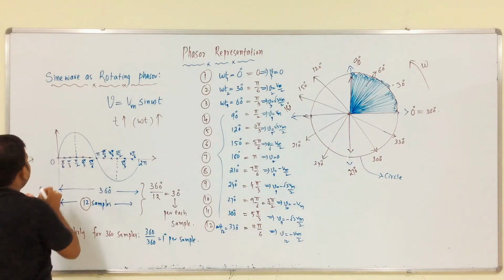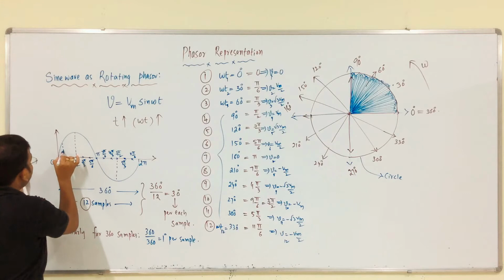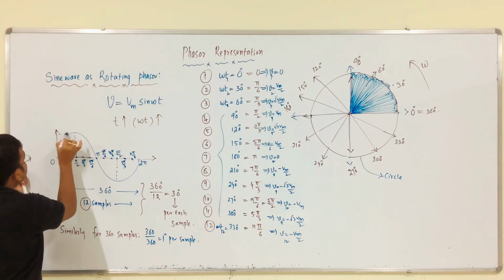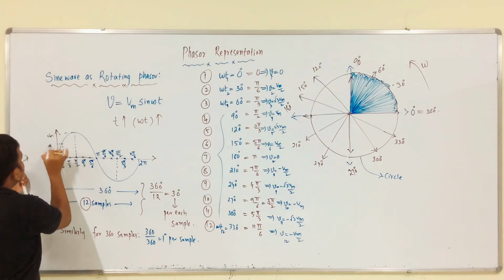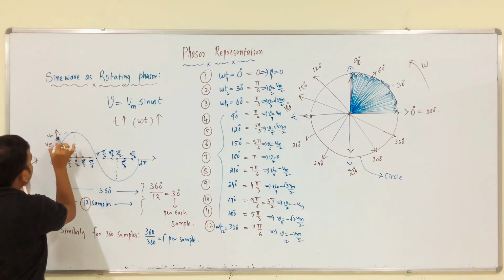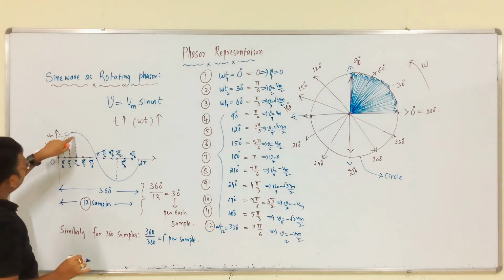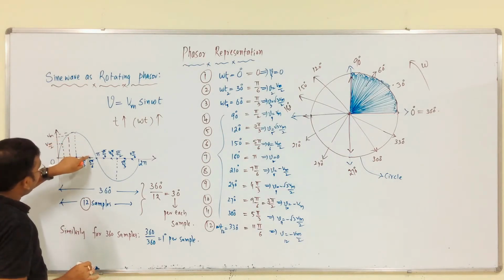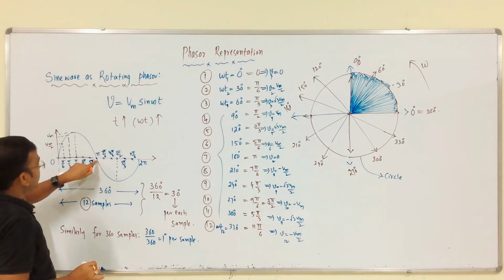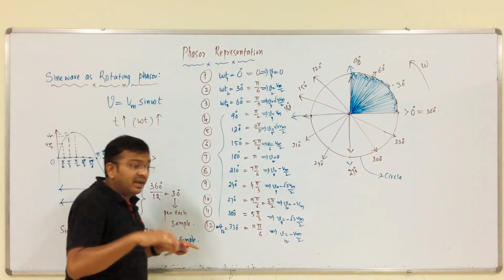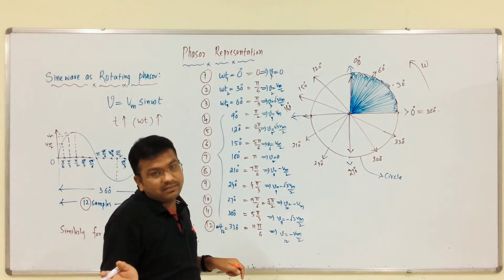See, this is Vm, this is Vm by 2, right. Like that, this is root 3 Vm by 2, this is Vm, this is root 3 Vm by 2, again Vm by 2, this is 0.